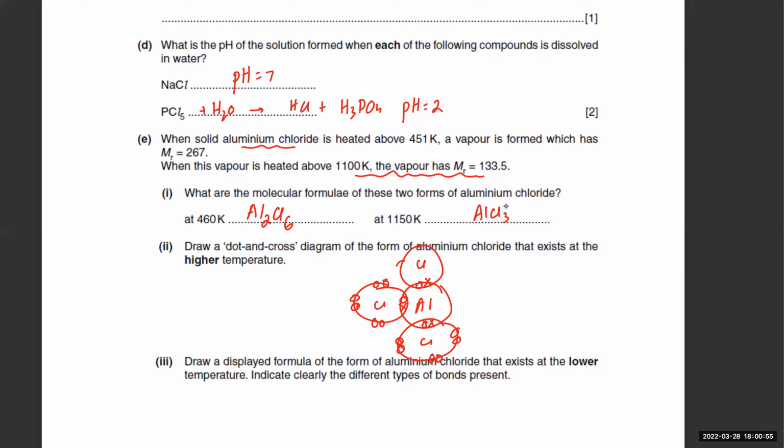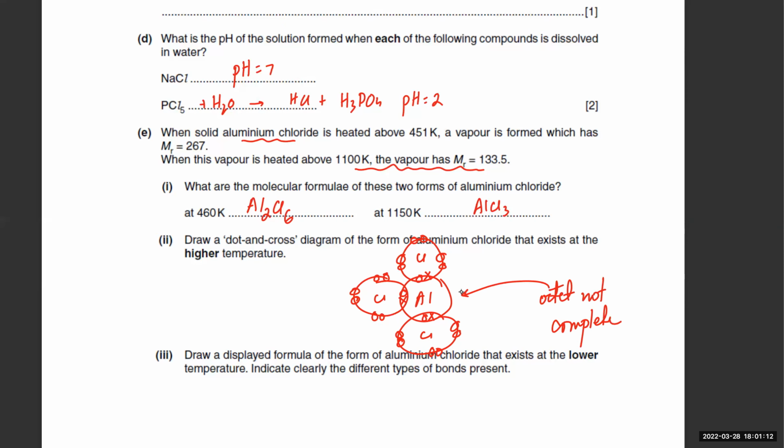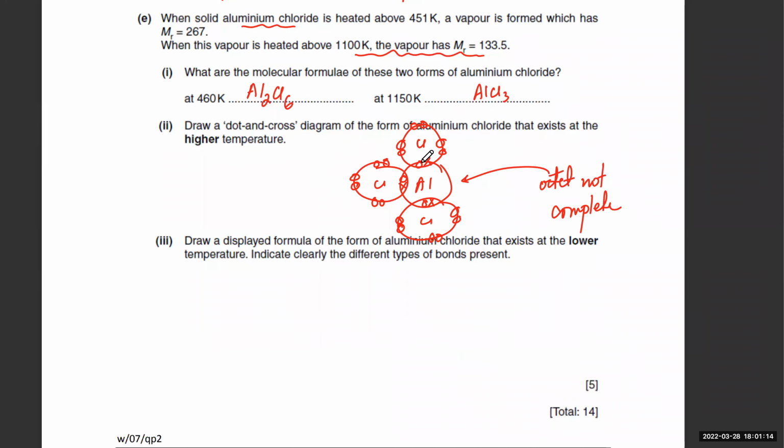These are the remaining 6 electrons of Cl. And it has formed those, and its octet is not complete. It still needs 2 electrons, which is why it can form dative bonds. Aluminium does not have 8 electrons even after making 3 bonds.